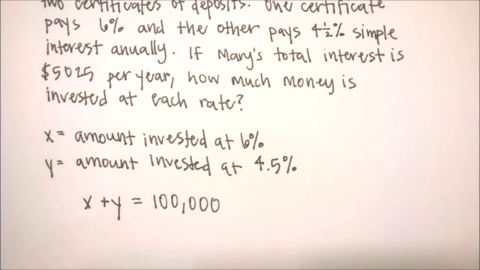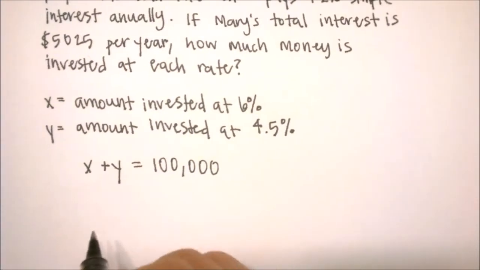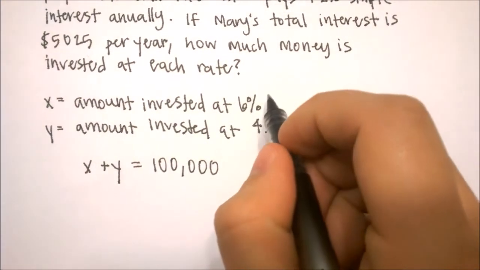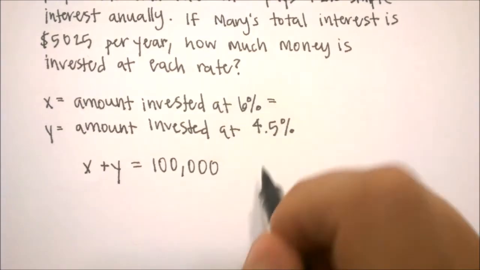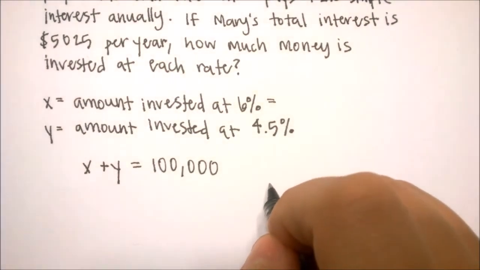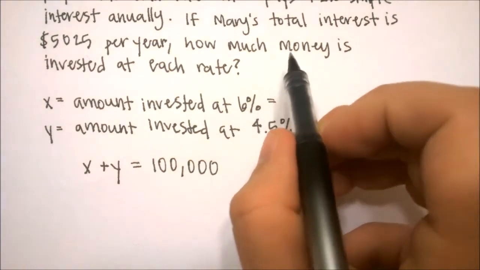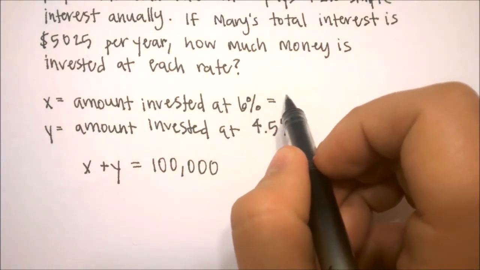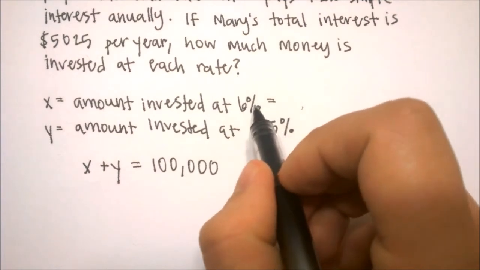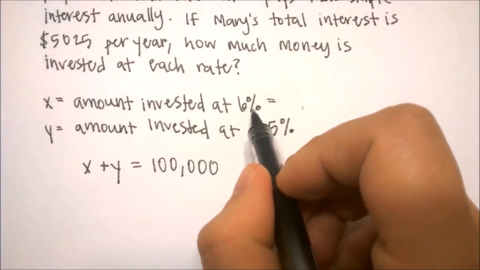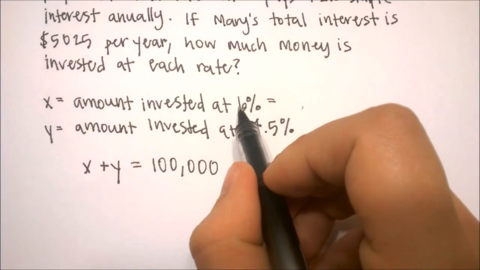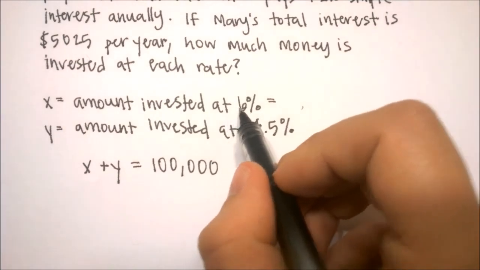So now we have an equation that relates the two variables. Let's go ahead and do this. What is 6% in decimal representation? Well, percent is out of 100. So 6% is 6 out of 100. So 6 divided by 100, or we can just look at it as 6 with a decimal point at the end and move the decimal place two to the left.